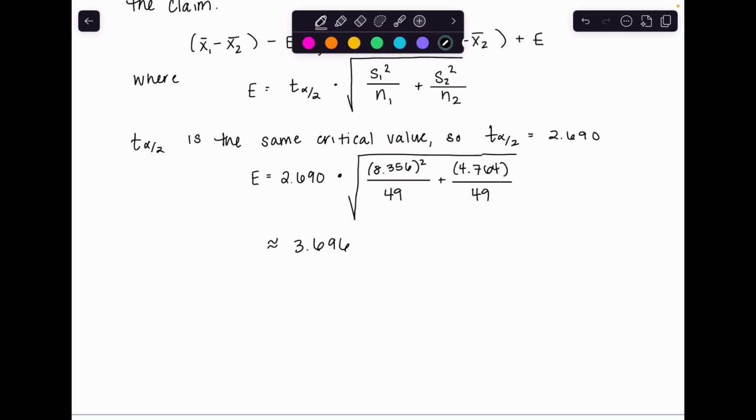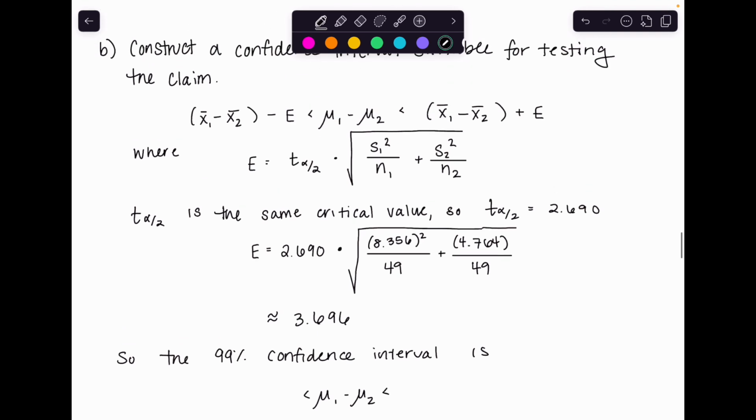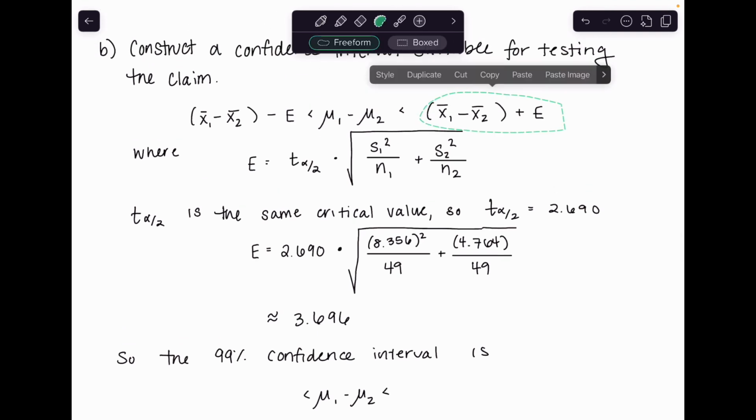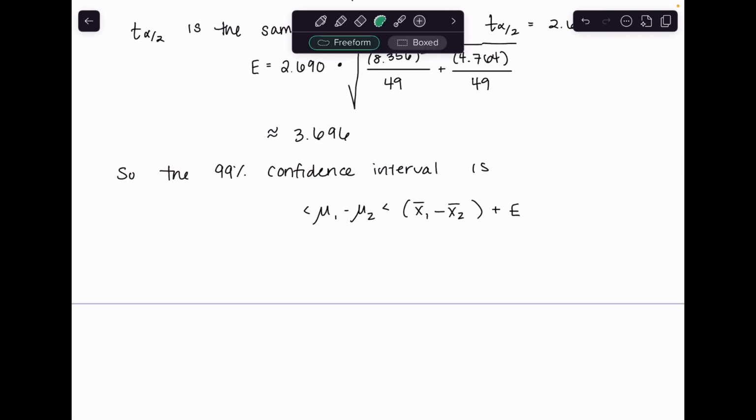So my confidence interval with 0.01 significance results in the 99% confidence interval. Our true difference in these two means, just going to copy what we have up here, is bounded by the samples plus an error, and the samples minus this error.